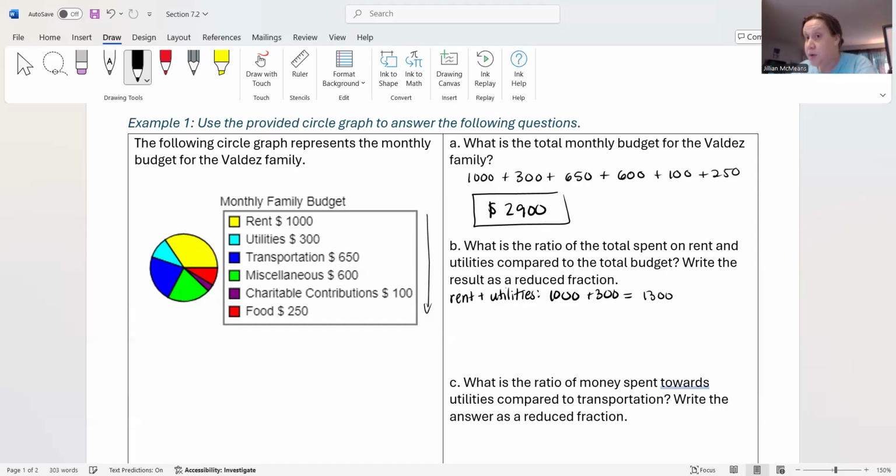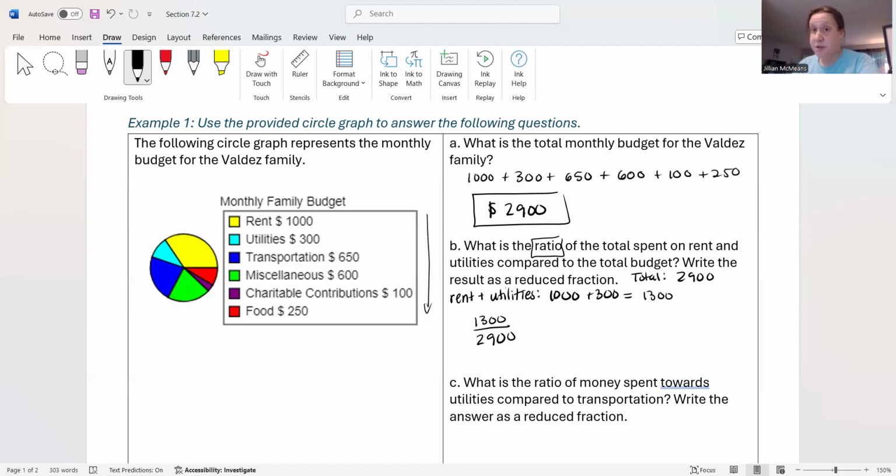The total budget is 2,900, and we're looking for a ratio that is reduced. So we want rent and utilities compared to the total budget: 1,300 over 2,900.